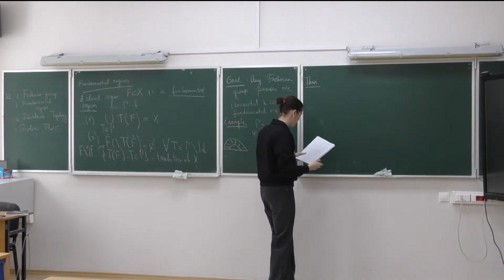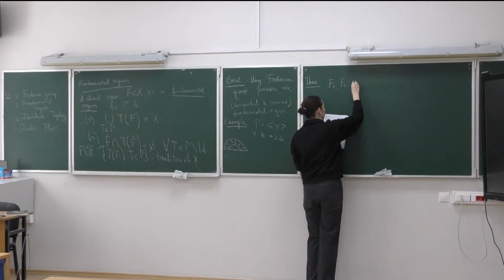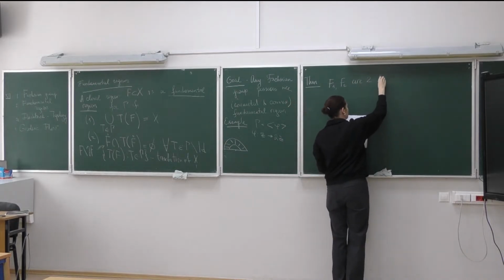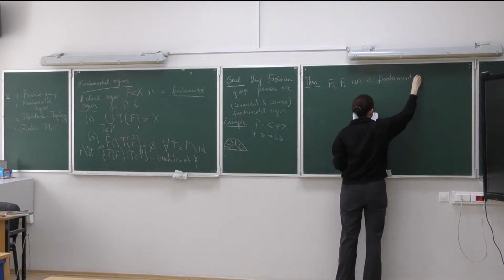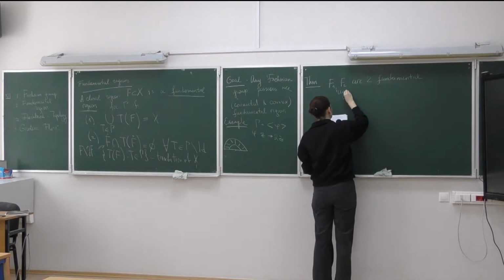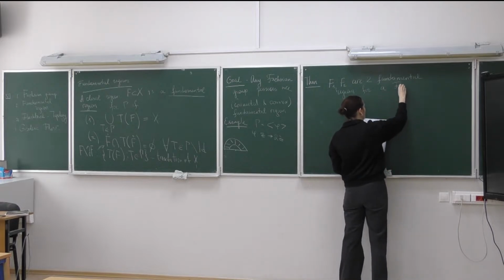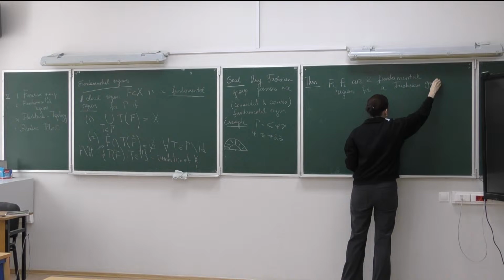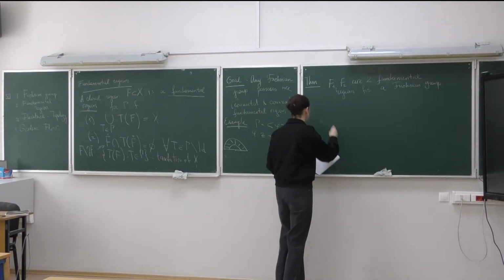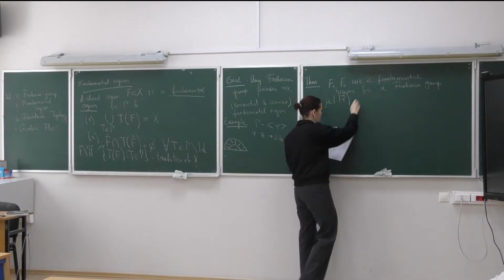So imagine that we are given two fundamental regions for some Fuchsian groups. And the measure of one of these regions is finite.